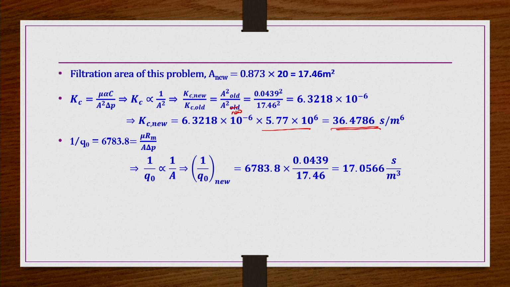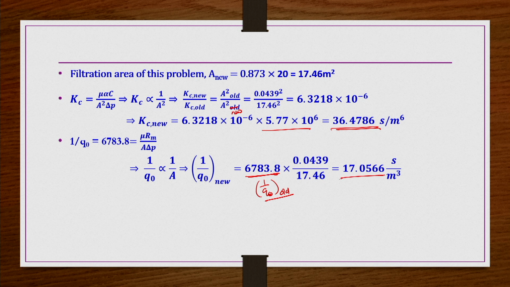That means if you want to calculate 1 by q naught for the new filtration area, 1 by q naught new should be 6783.8, that is 1 by q naught old, the example 1 value, multiplied by the old area 0.0439 divided by this problem's filtration area 17.46, right.